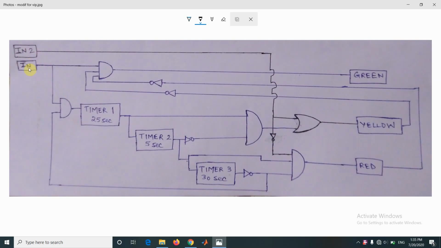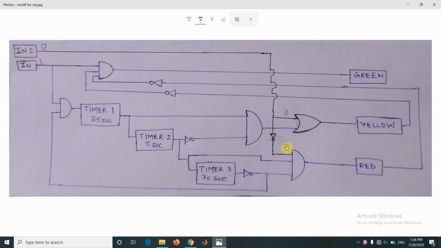So when this input is on and this input is off, this input signal would be 0 and the status of this OR gate would depend on the output of this AND gate.